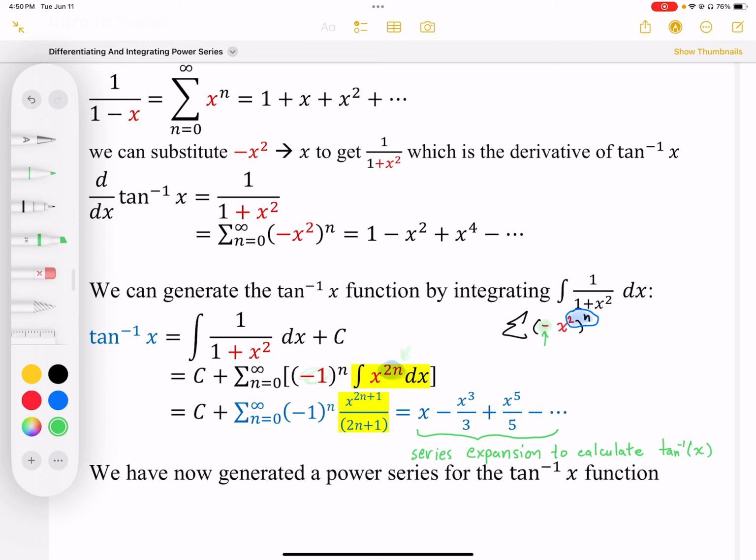And that is the series for 1 over 1 plus x squared.